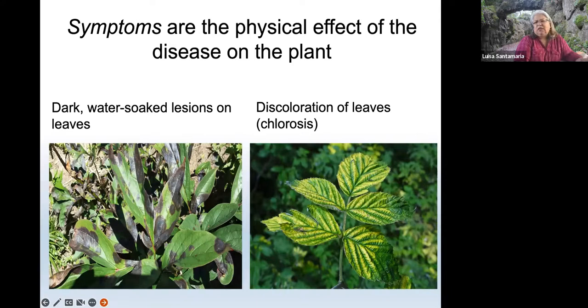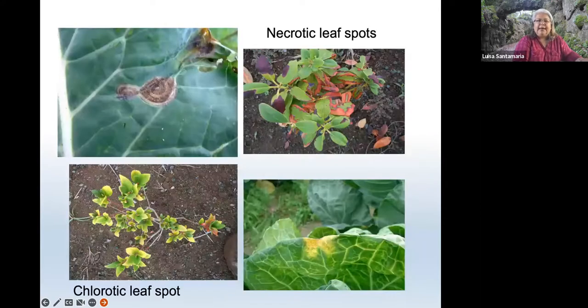One of the main things is when we see chlorosis. That means something is not correct with the plant. We can see necrotic lesions, which is dead tissue. Sometimes they are dry. Most of them are caused by fungal microorganisms. And this one on the right is just environmental damage, sunburn.